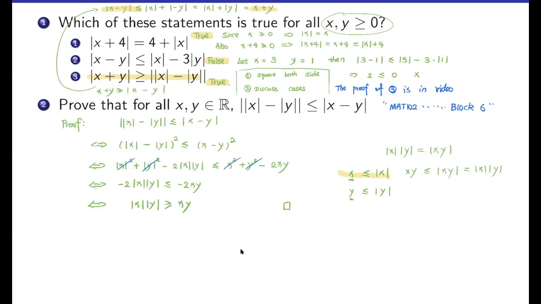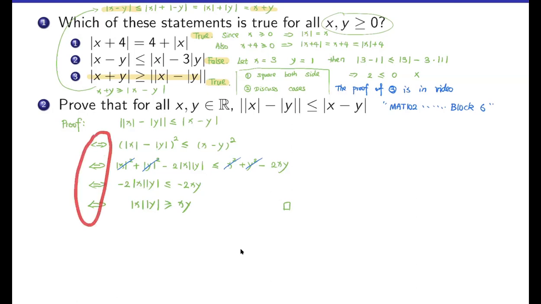Any other question? A few things I want to emphasize. First, if you want to write it in this way, you need to put if and only if here, like what I did here. Otherwise, it's just rough work. The other way to make it a formal proof is starting from this step and go back.